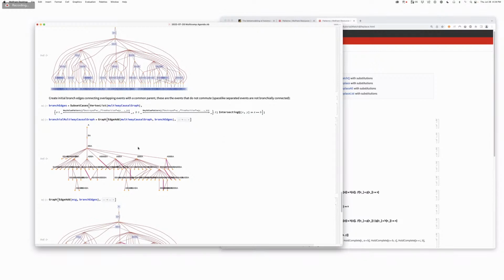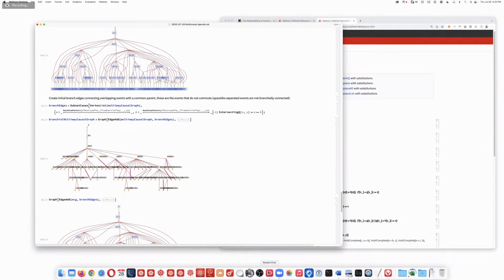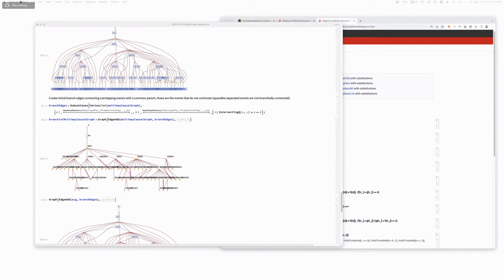And okay, so this is overlaying a piece of branchial graph on top of, I don't understand why. Isn't it like some of these events, you could indicate that they are branchially separated as opposed to space-like separated. Is that correct? Yes. So it's annotating this graph with branchial separation.